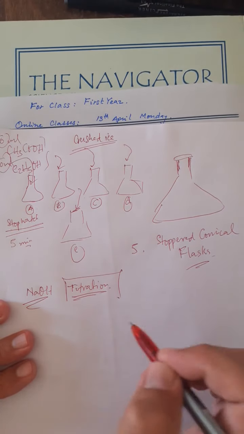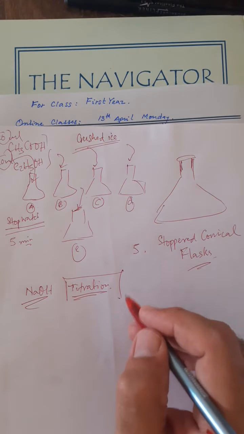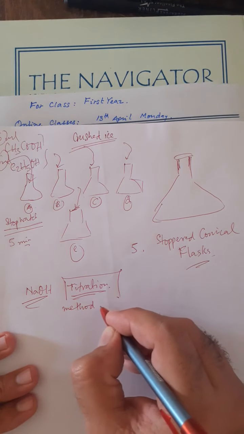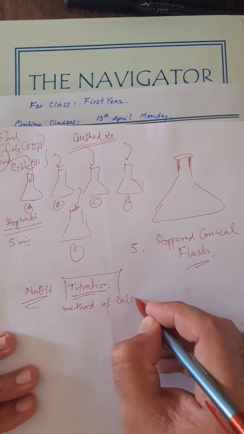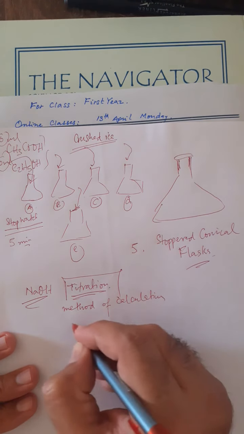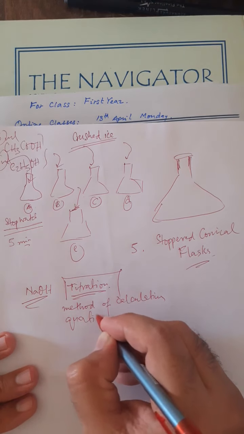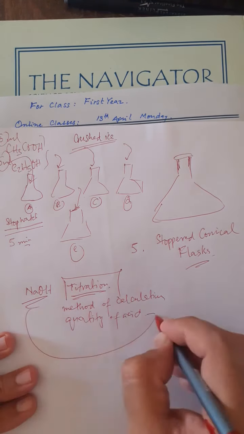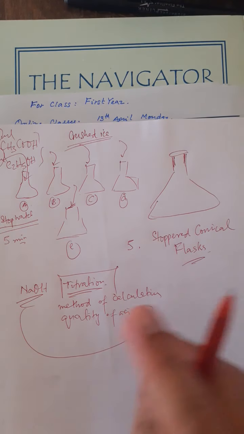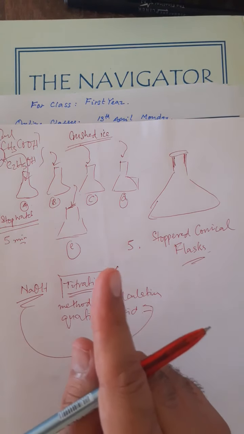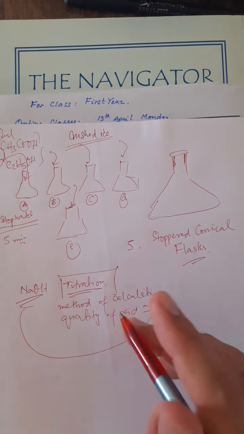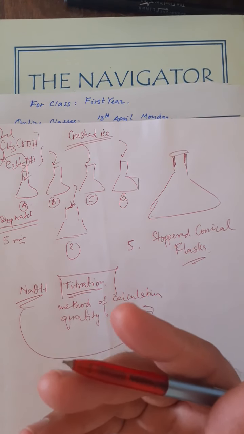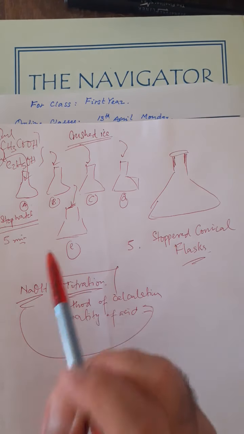The titration method, if you know titration, is a method of calculating the quantity of an acid with a base, right? So acid and base neutralize, and the amount of base consumed can be used in a formula, and then it can tell us the molarity and the quantity of the acid present in the flask.